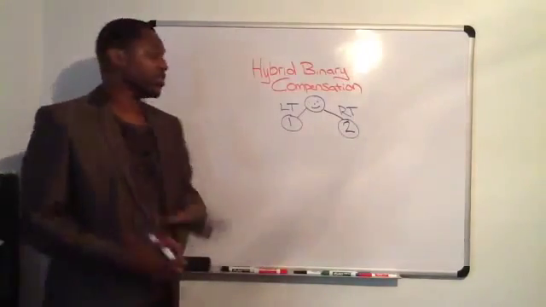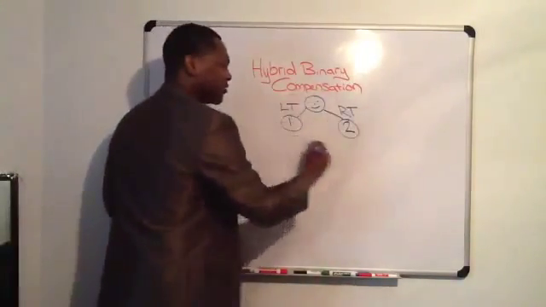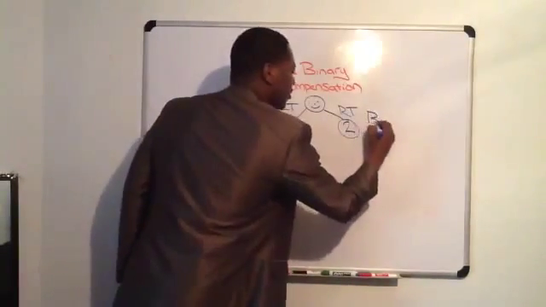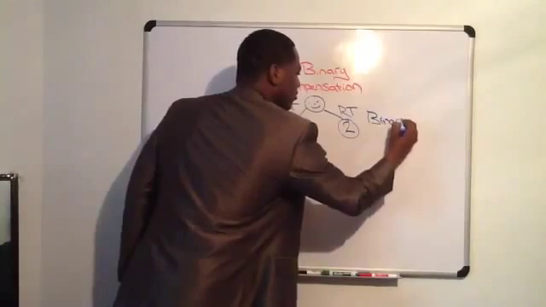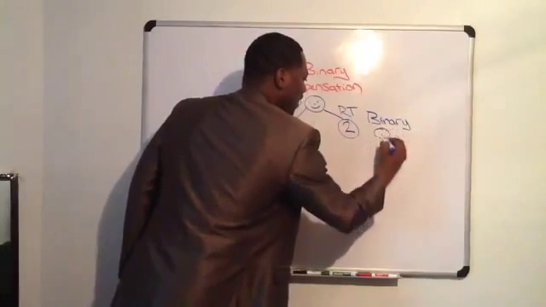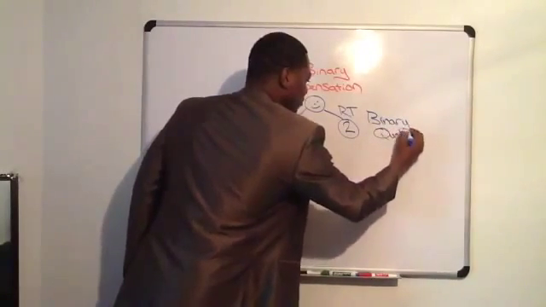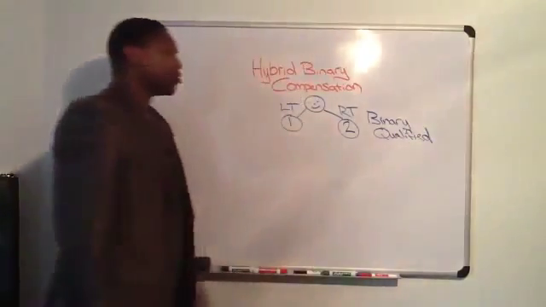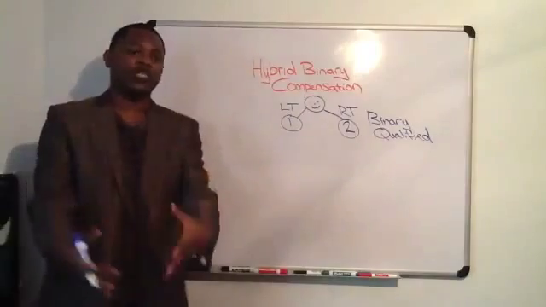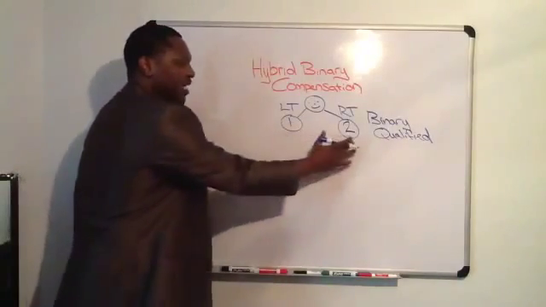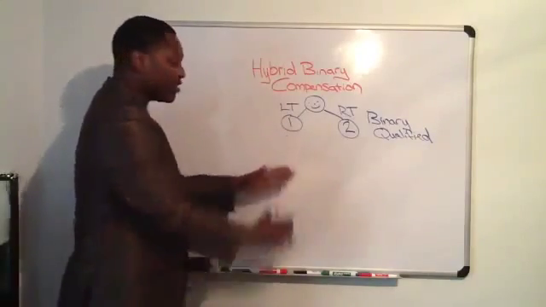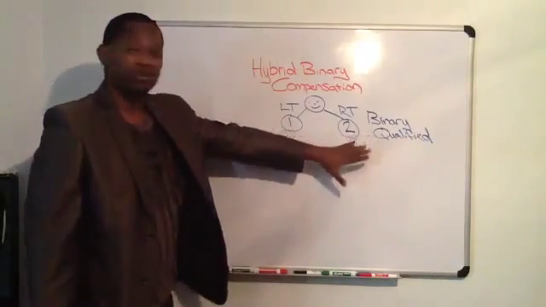When you do this, you are now considered binary qualified. So the first thing in the binary that you want to do is sponsor your first person and your second person, okay? You put one on your left, personally sponsored, one on your right, personally sponsored.